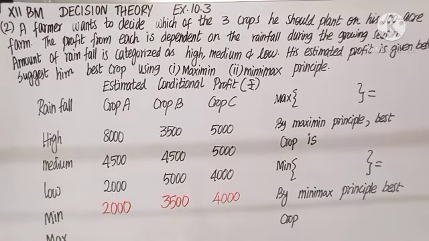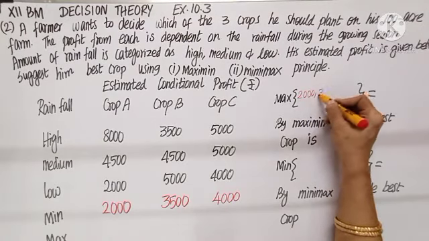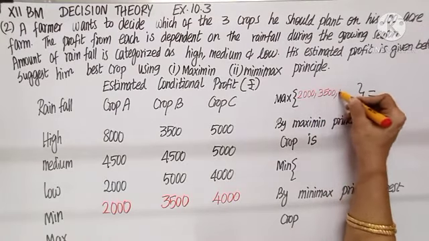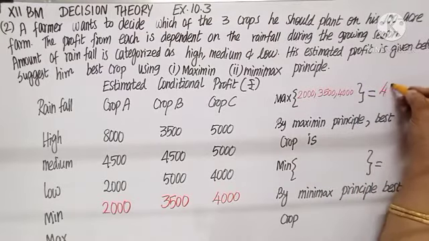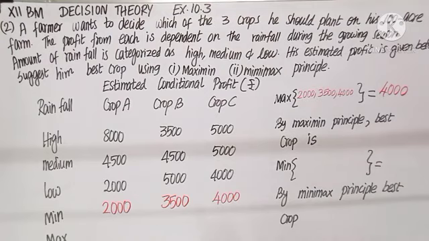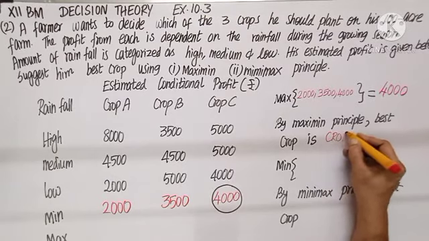Out of the 3 numbers, 2000, 3500 and 4000, maximum is 4000. Therefore, by maximin principle, which crop is good? Crop C. So, we will say the best crop is crop C.